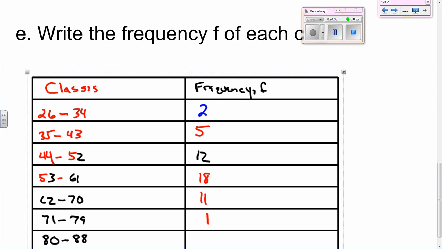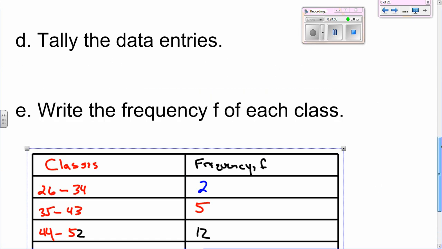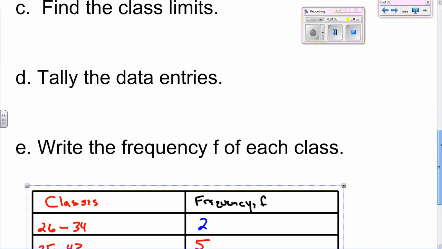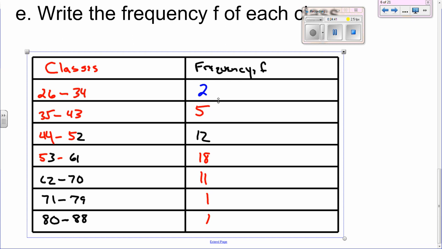There's only one of those and one of those. Okay. So when we add this all up, it should equal 50. So 2 plus 5 is 7, plus 12 is 19, 19 plus 18 is 37. This would be 48, 49, and 50. So we did all right.